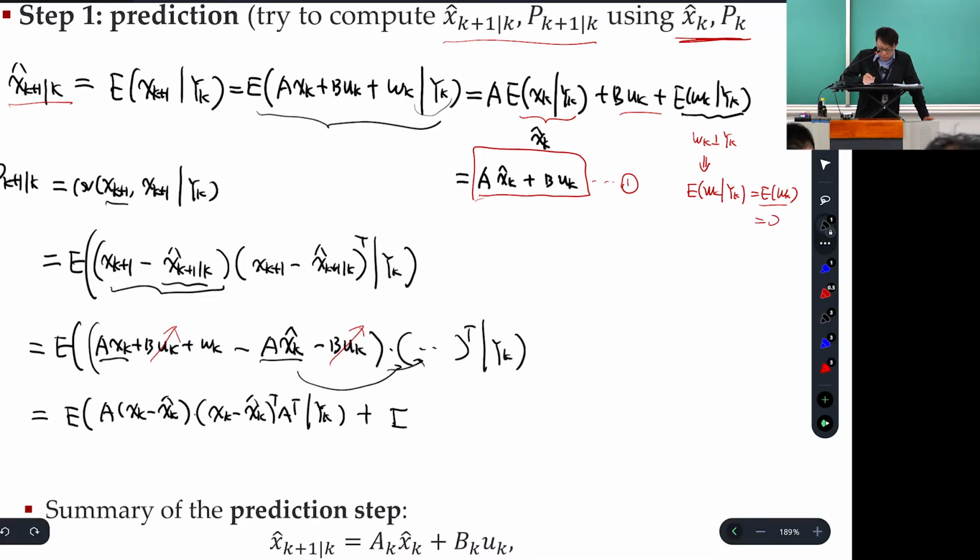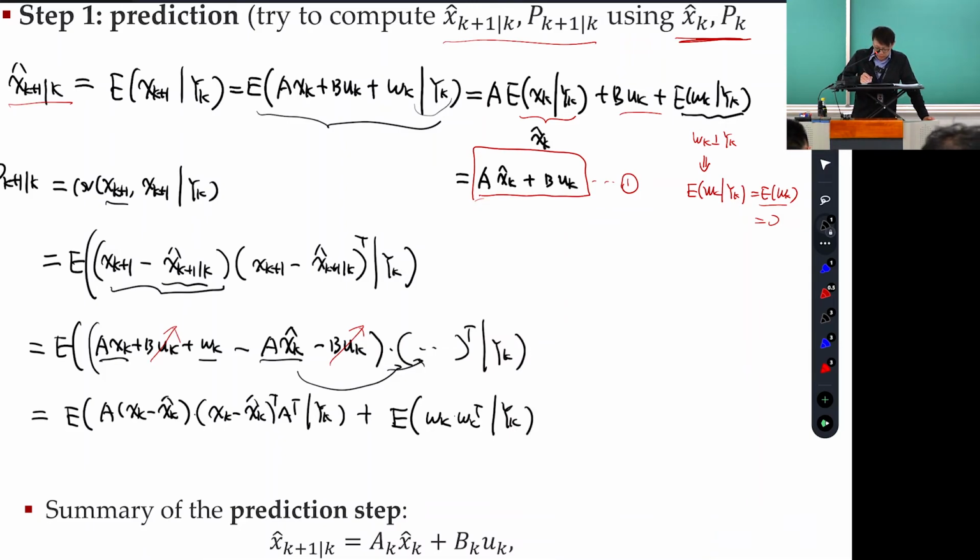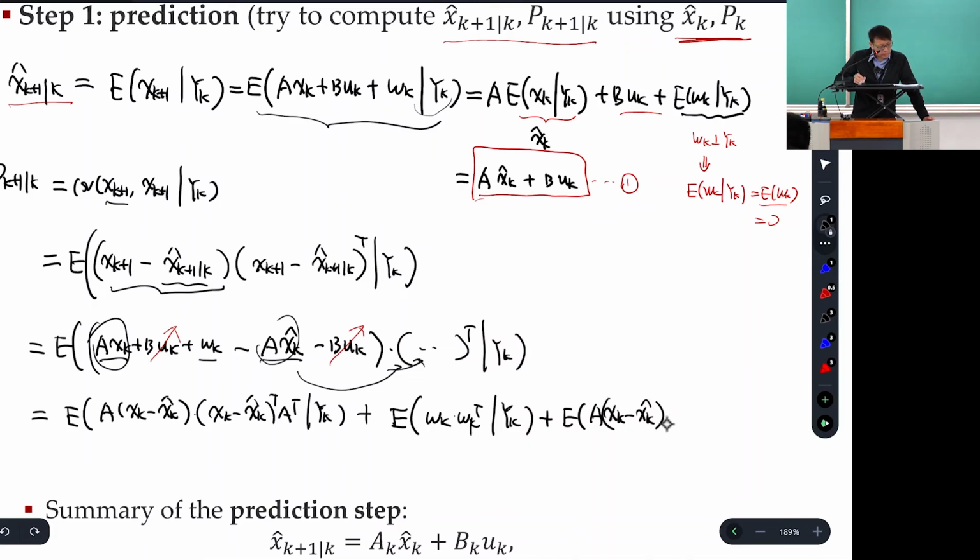So for example, I will have the expectation of omega k times omega k transpose given yk, right? And I also have the expectation of the cross term, this minus this times the omega, so it will be A xk minus xk hat times omega k transpose given yk, okay?